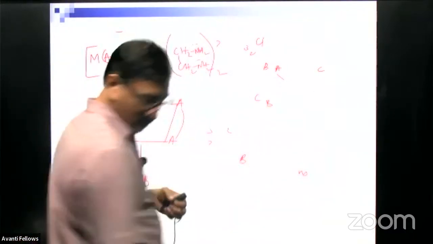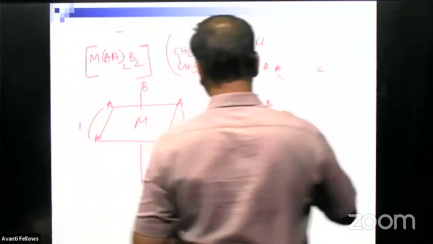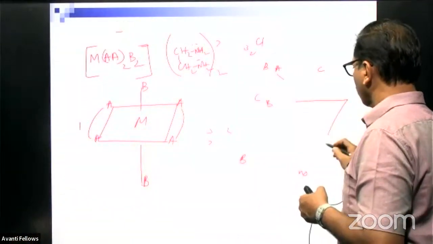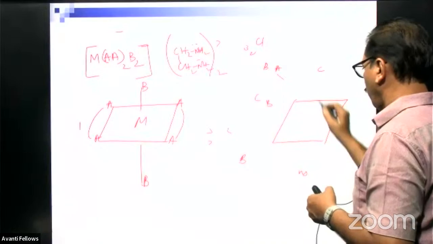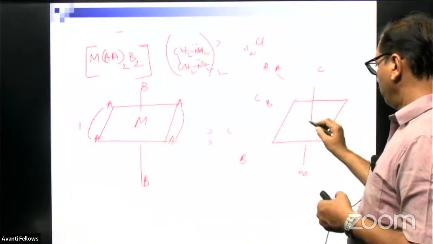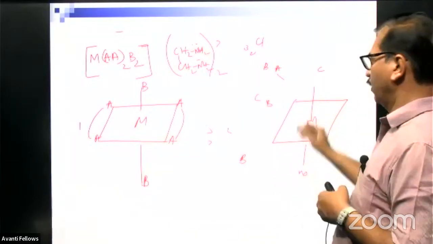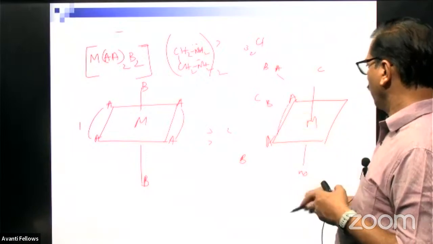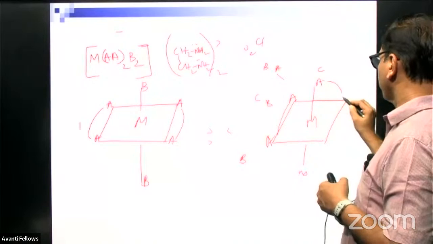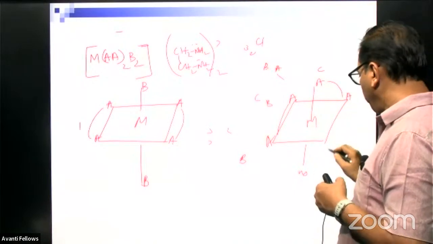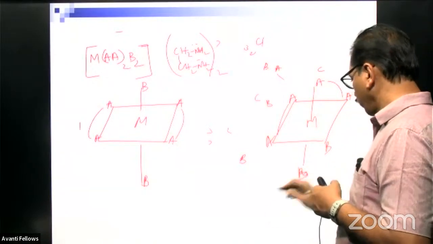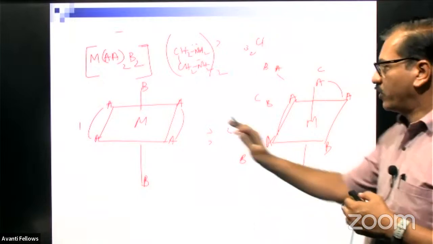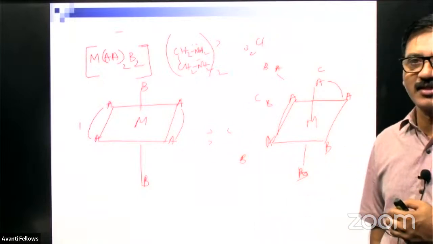I will draw another: metal here, then AA, then AA here, and B here. Now, which of these two is the cis form and which is the trans form?